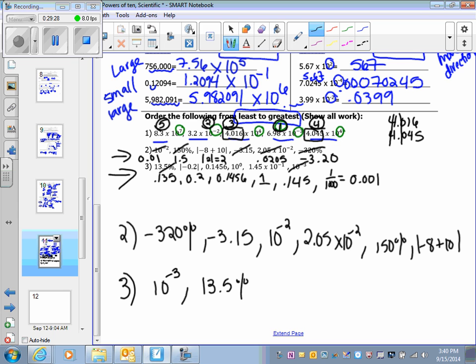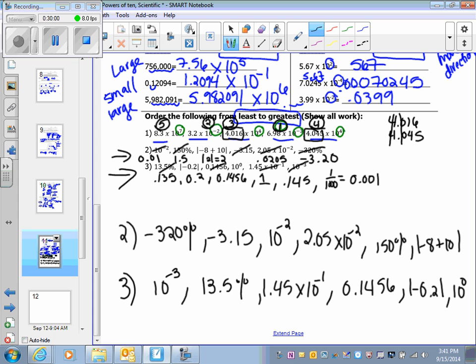Then we've got 1.45 times 10 to the negative first. Okay. Then we have 0.1456. Negative absolute value of 0.2. And lastly, 10 to the 0, which is 1.